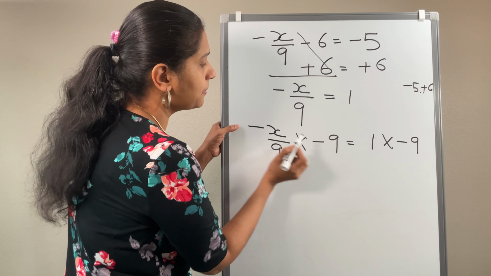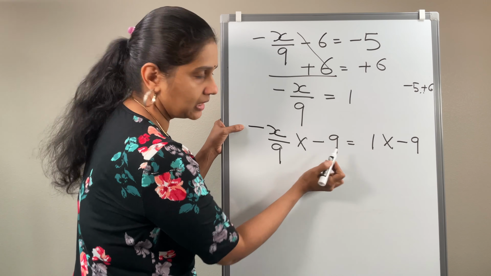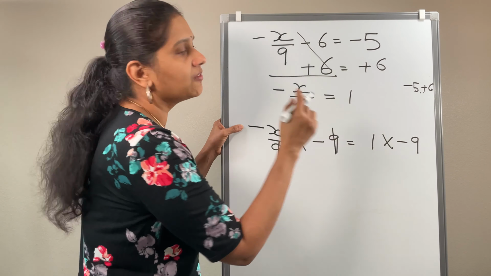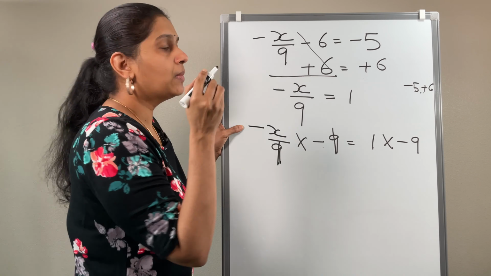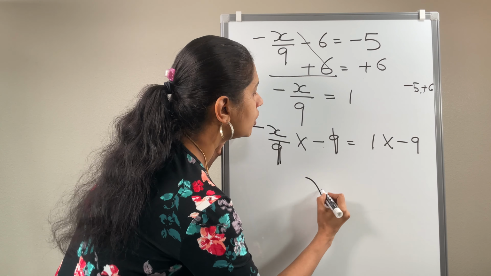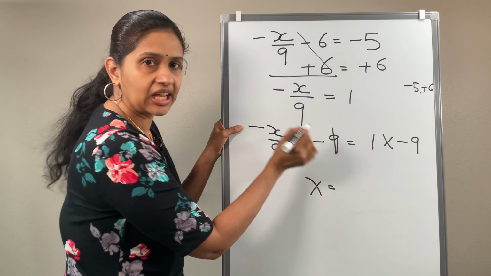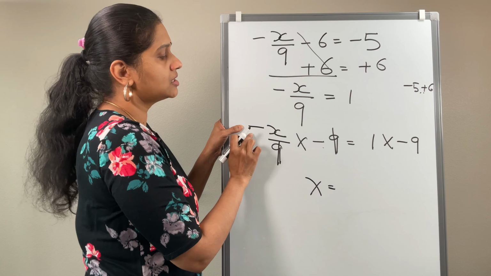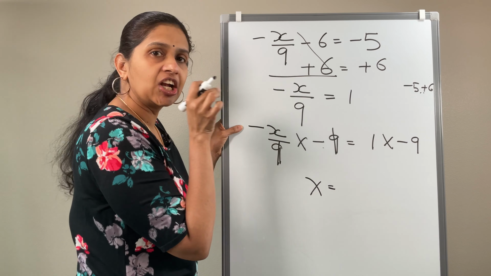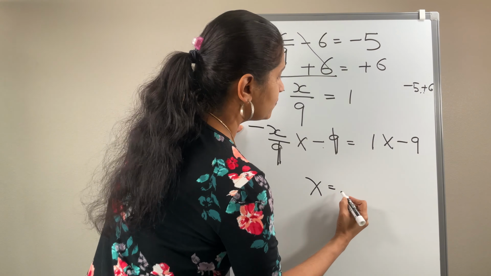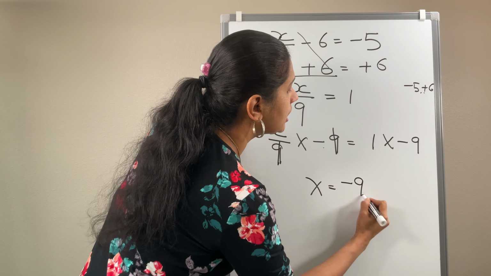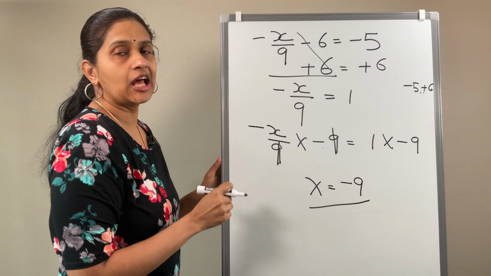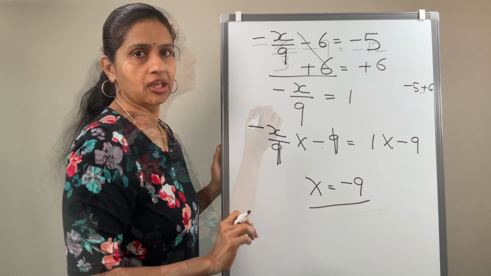Because when you multiply by negative 9, this 9 and 9 will get cancelled out. Negative times negative will become positive. So now you got the variable x isolated. So that is equal to 1 times negative 9, which will be equal to negative 9. So the value of x is going to be equal to negative 9.